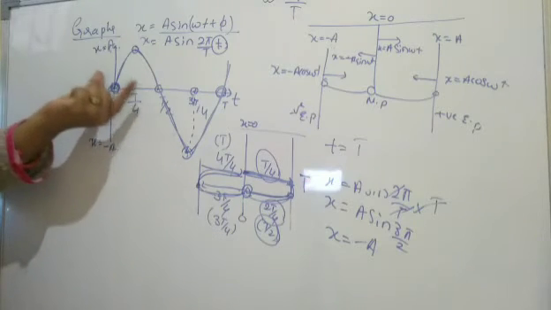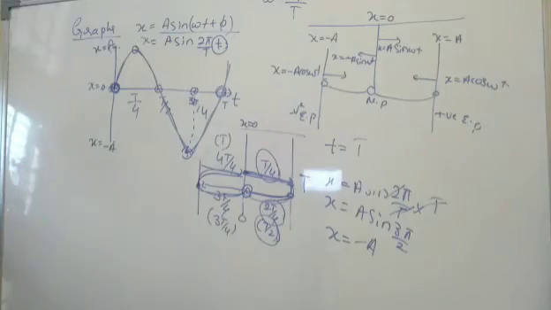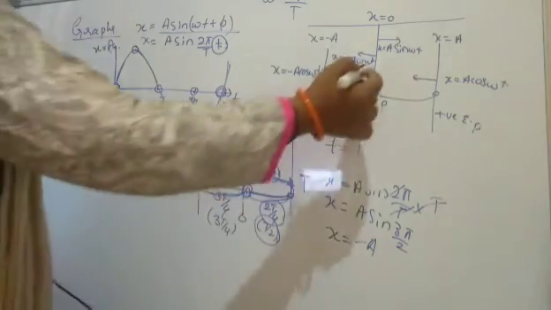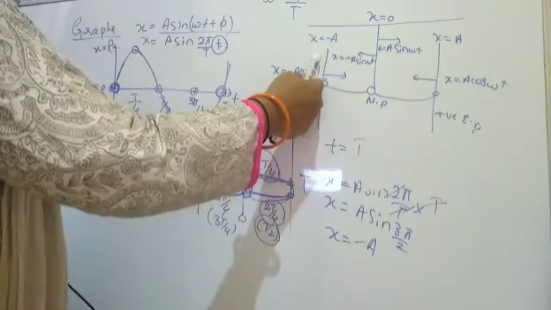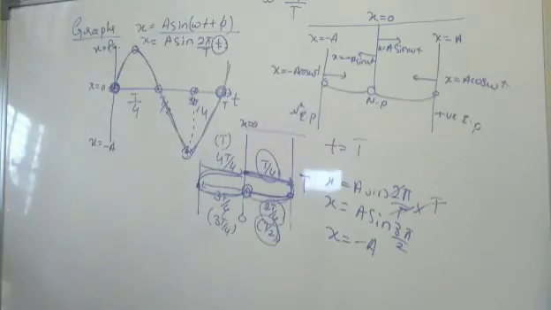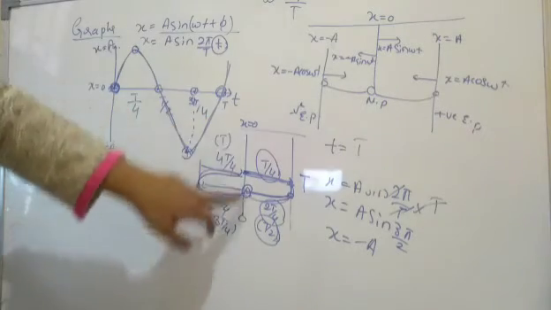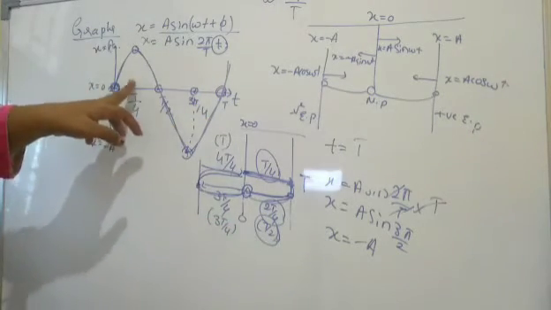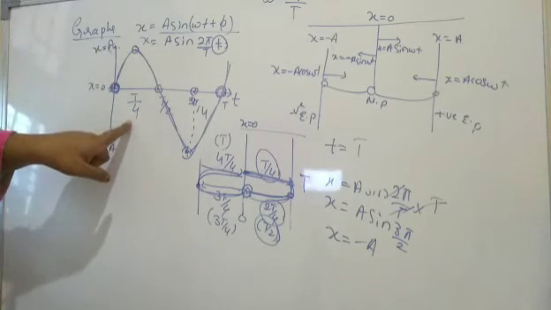So this is the representation of the graph when the body is executing the simple harmonic motion from the mean position. So the body moves here, here, and to the extreme position negative part, then mean position. At t is equal to 0, it is at the mean position, 0. When you go to the extreme position positive, x is equal to a at T by 4. First part it is.